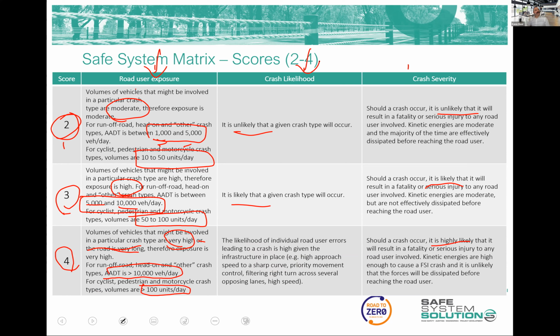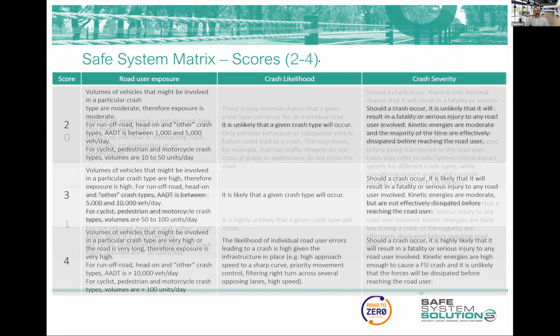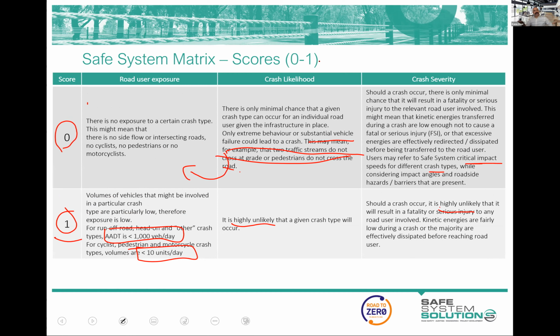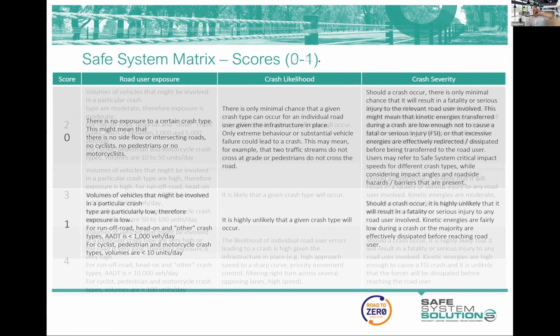Because if you take crash likelihood on face value, everything is highly unlikely, because crashes are rare, but what we're doing is looking at that in a relative sense based on the infrastructure. So you've got to be able to sort of calibrate that.